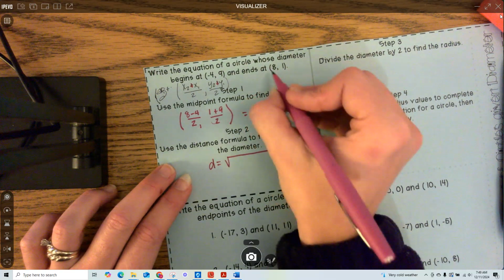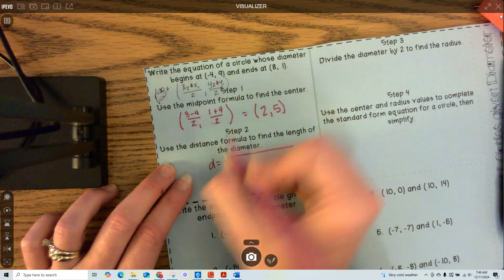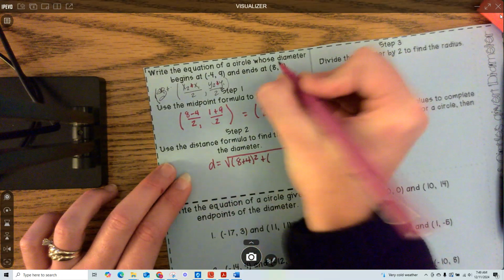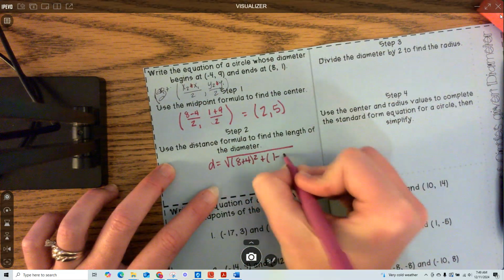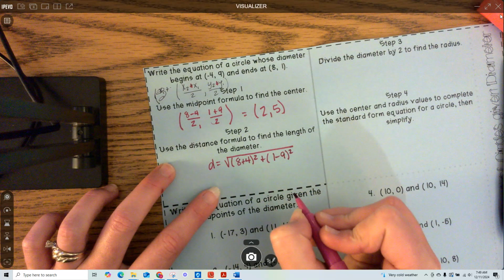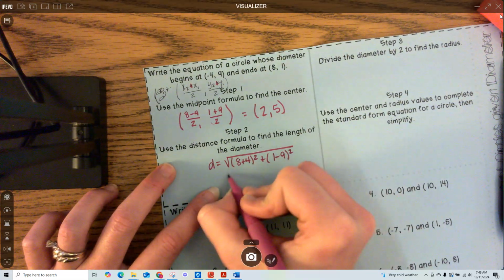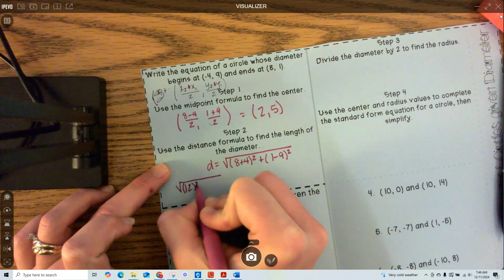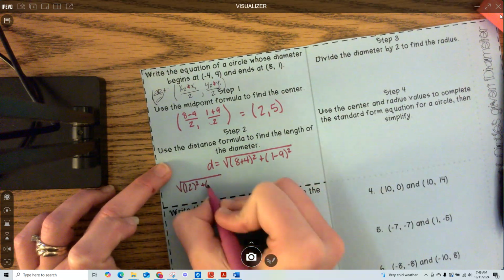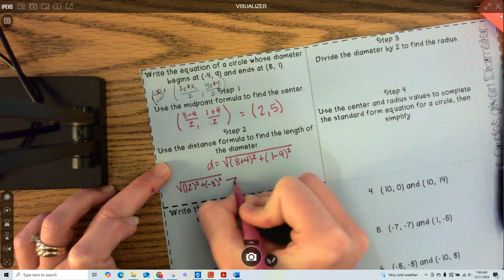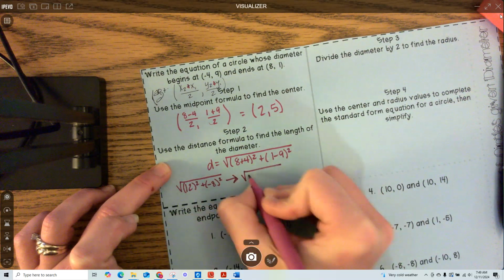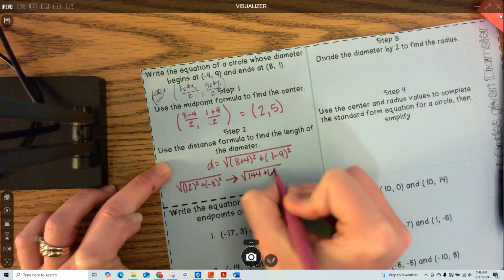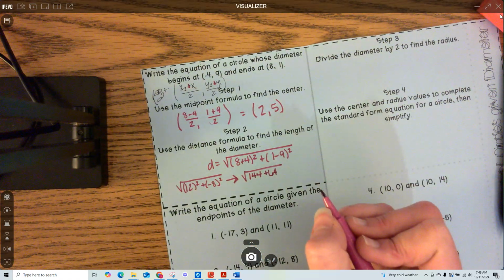So I'm going to do 8 minus a -4, which is just 8 plus 4, and 1 minus 9. 8 plus 4 is 12. 1 minus 9 is -8. 12 squared is 144. -8 squared is +64.